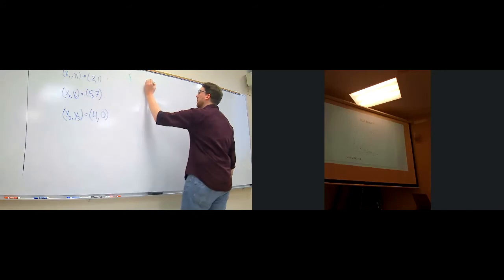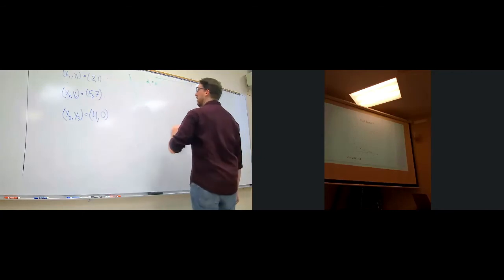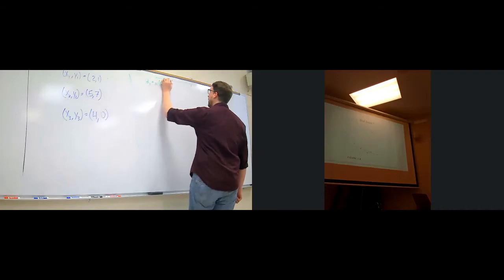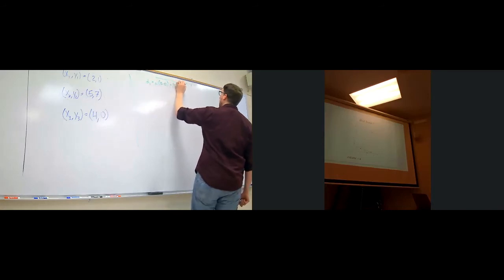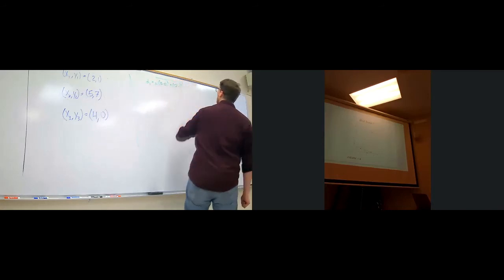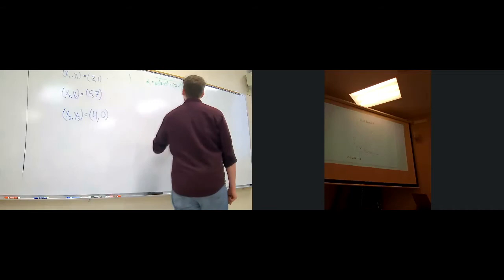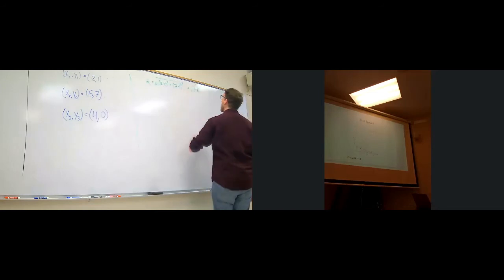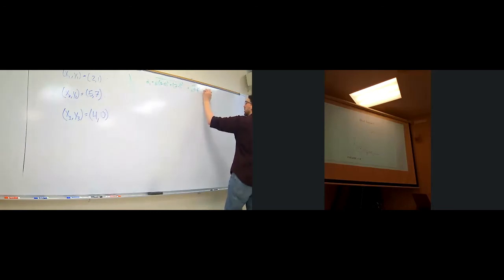Well, D1 is going to be the square root of 5 minus 2, that quantity squared, plus 7 minus 1, that quantity squared, right? Which is going to come out to be the square root of 3 squared plus 6 squared, which is going to be 9 plus 36, or the square root of 45.